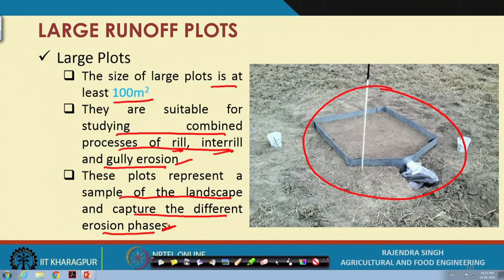Because they are pretty large in size and the natural landscape is there, at certain portions there will be detachment, at other portions there will be transportation, and on the downstream side, the slope conditions should be such that soil gets deposited also. So, detachment, transportation and deposition, all three phases of erosion will be possible to study using the large plots.